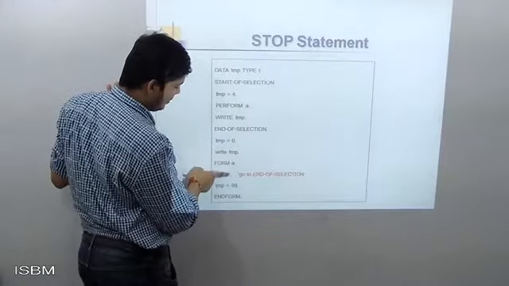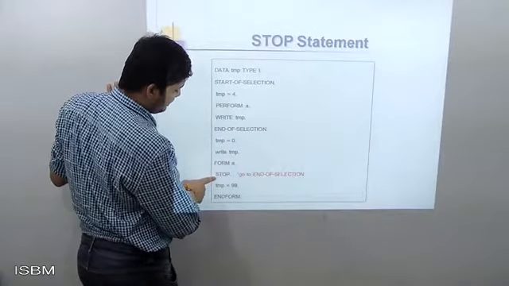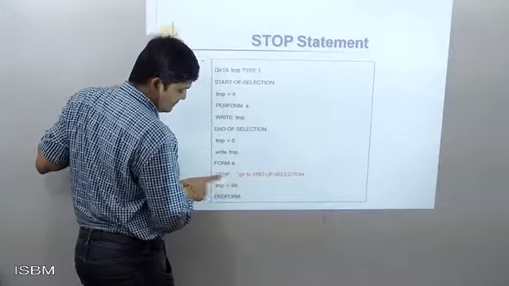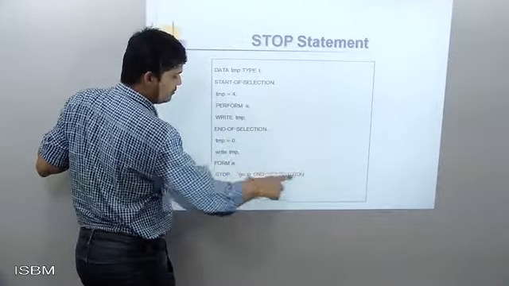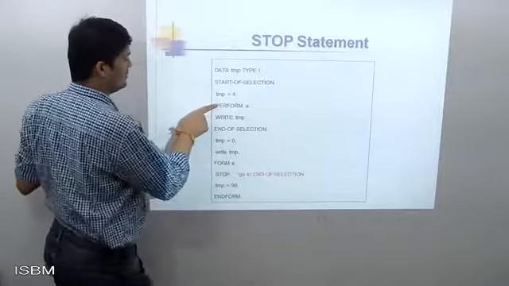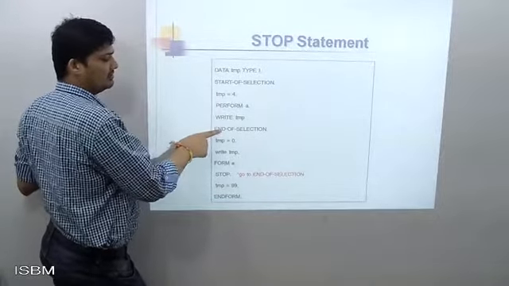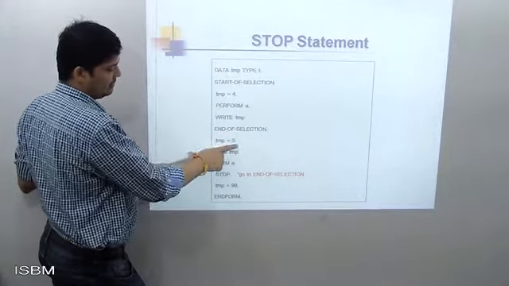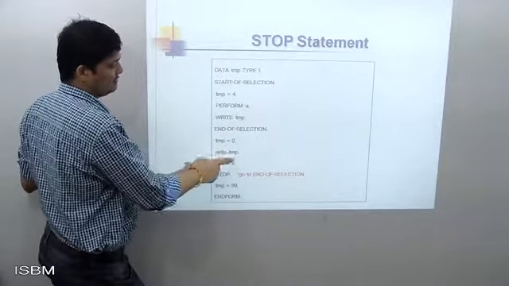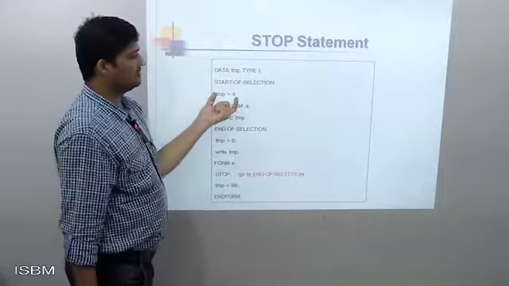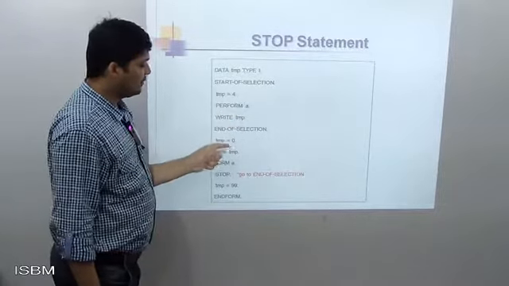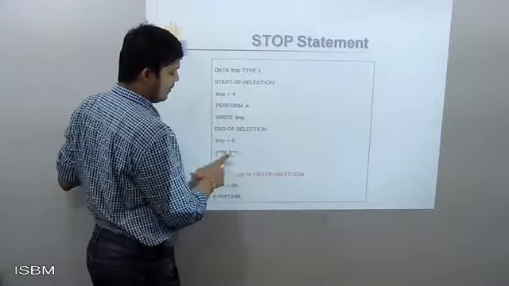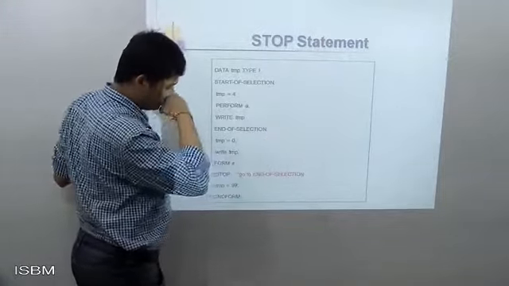Going inside form A, the first sentence it finds is STOP, so it goes to the end of selection. Then it starts executing from temp equal to 0, write temp. Initially there was a 4, but 4 has been overwritten with 0, so the output is 0.